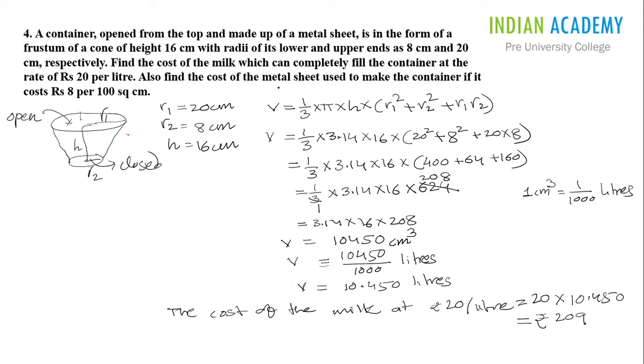So we need to find the area of the metal sheet. What will come under it? Curved surface area. We need to find the curved surface area of the container and the bottom circle. These two areas have to be included when we are finding the area of the metal sheet. So let's look at how to find the area of the metal sheet.